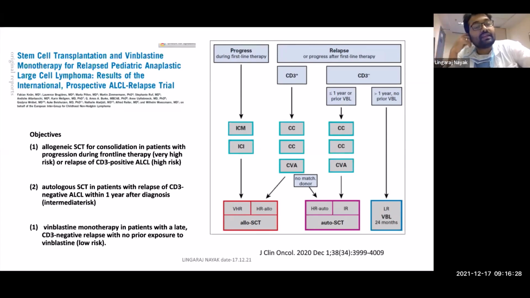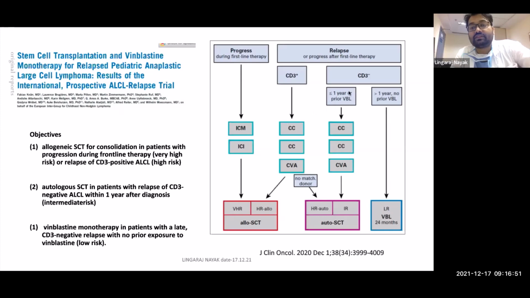So this study had 3 objectives. First, they divided the patients into groups: high risk, intermediate, and low risk. High risk are those who progress during first line therapy. Intermediate are those who progressed after they completed treatment, again depending on CD30 positivity and negativity.